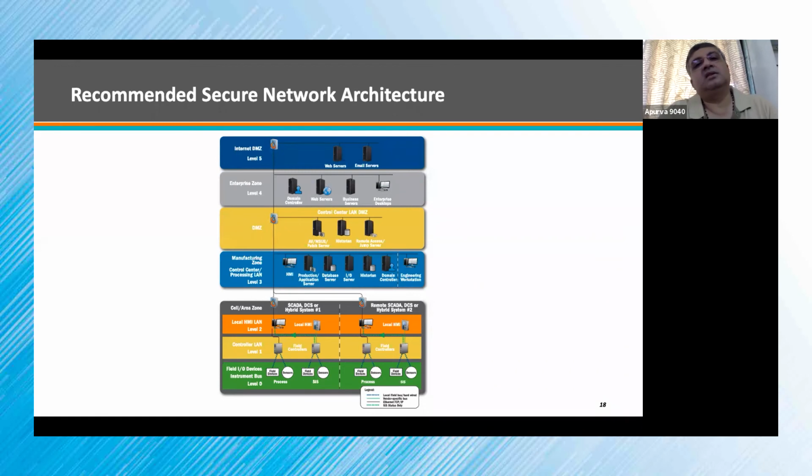So this is a recommended architecture. It may or may not be possible in all the scenarios, but if you segregate your layers, then you can take a lot of control of your system and protect your ICS system.